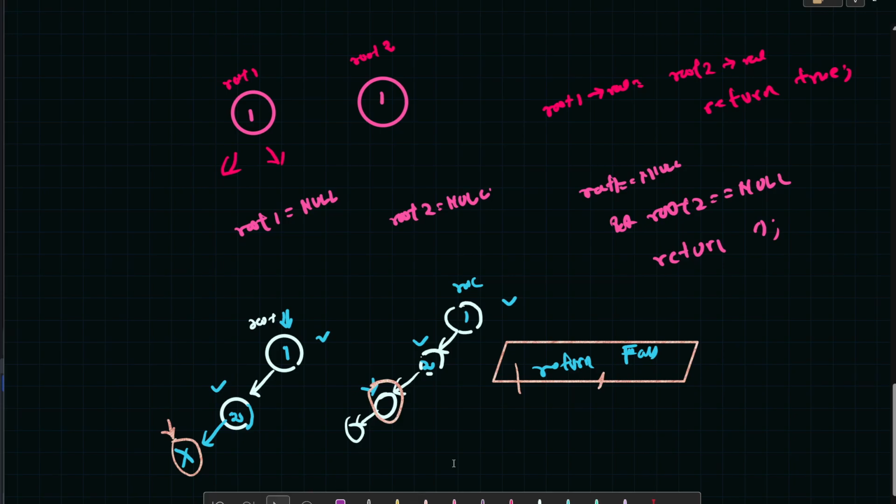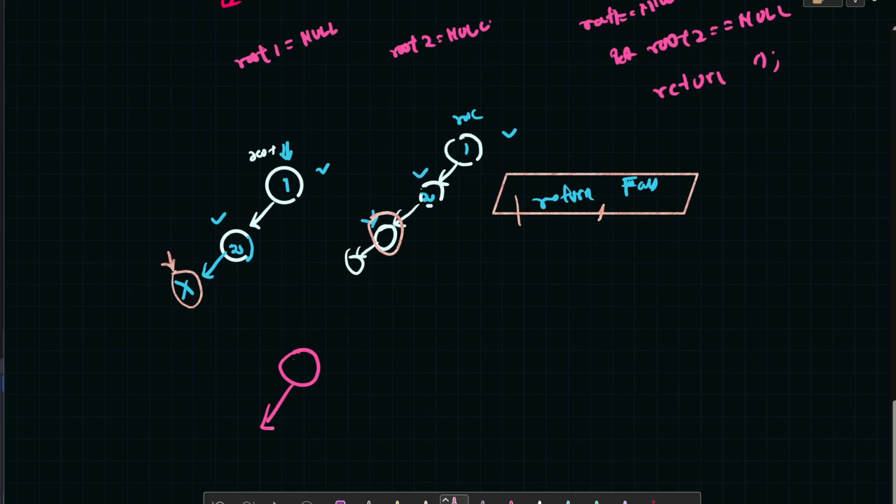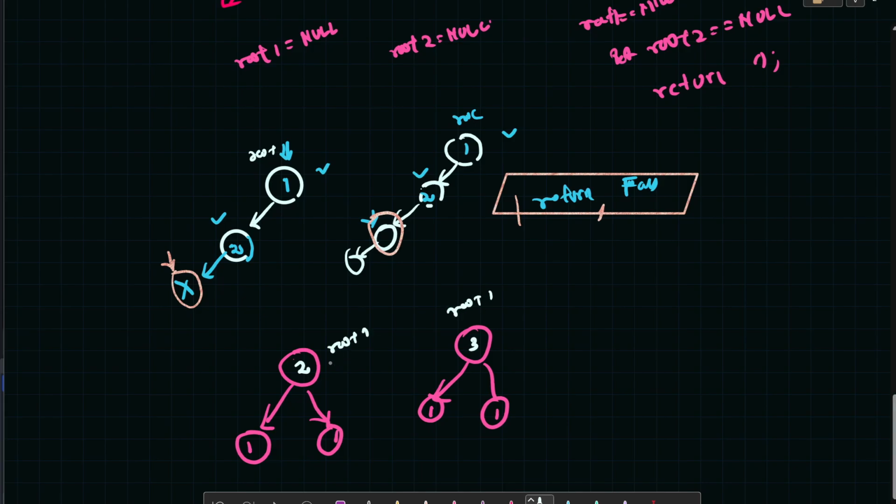And the last case we want to cover is, suppose you are given a tree and this tree has the same depth. Here this is 1, this is 1, this is 1, this is 1, but the root node here is 2 and here it is 3. In that case, when the root value is different, root 1 is not equal to root 2's node, then we can simply return false.